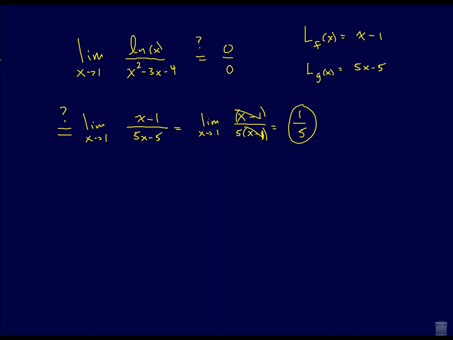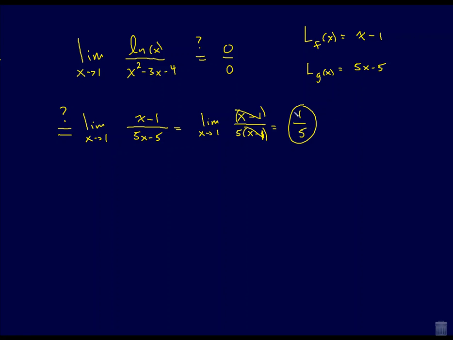If you did pause the video a few minutes ago and try the original limit with your calculator, making a table, I hope you found that the limit was about 0.2, which is exactly the decimal value of 1/5. So in fact, this method of replacing the numerator with its linear approximation and the denominator with its linear approximation near 1 did actually produce the right answer.